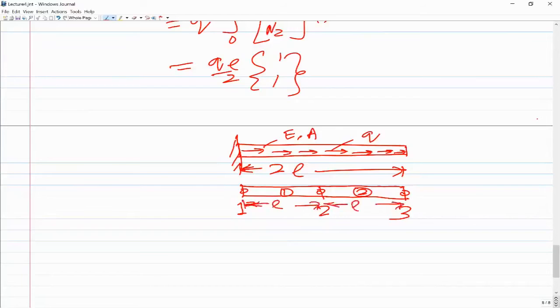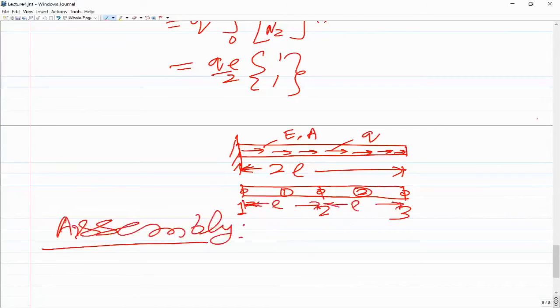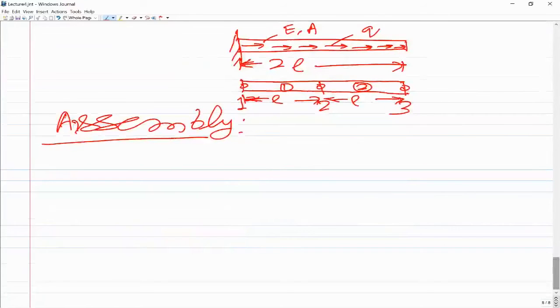So now once we have developed the element level governing equation, and derived the expressions for the stiffness matrix and load vector, the next step is assembly. We have to assemble these finite elements, and it is during the assembly process that we enforce the inter-element compatibility requirement.